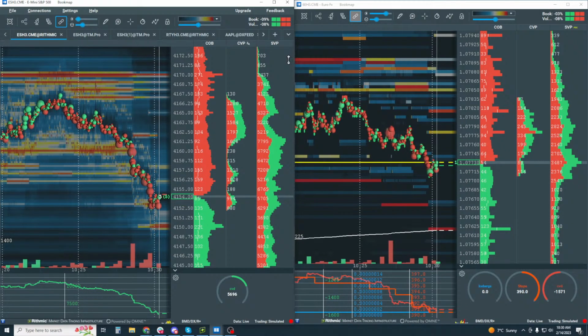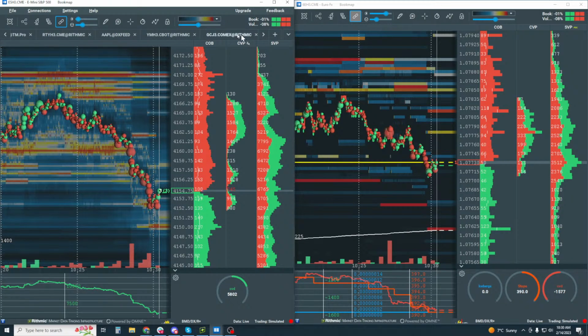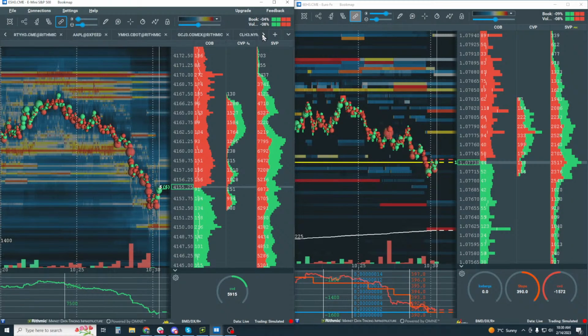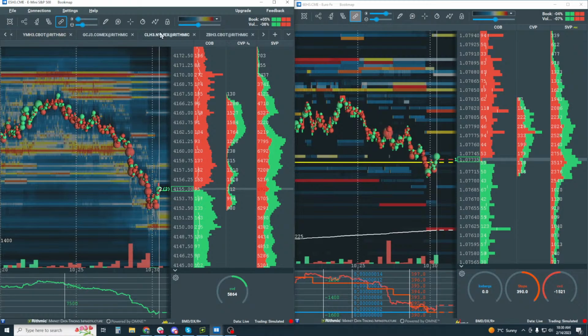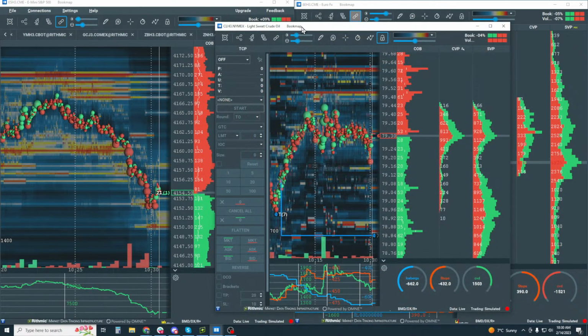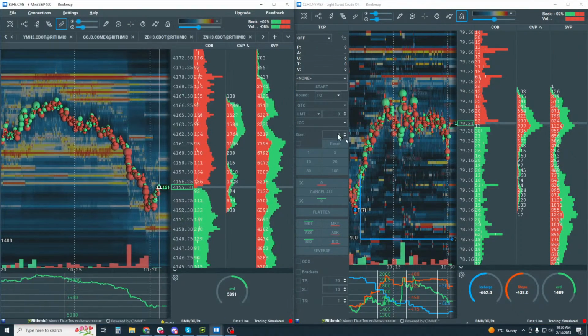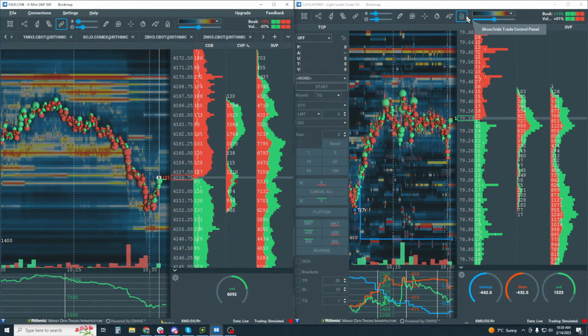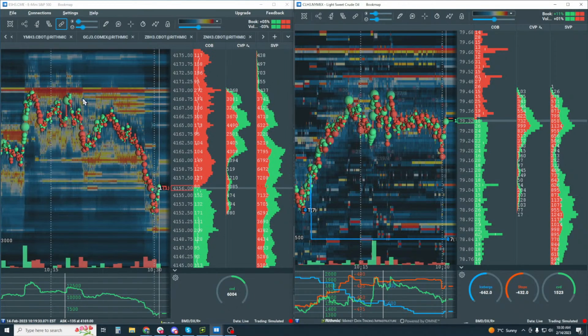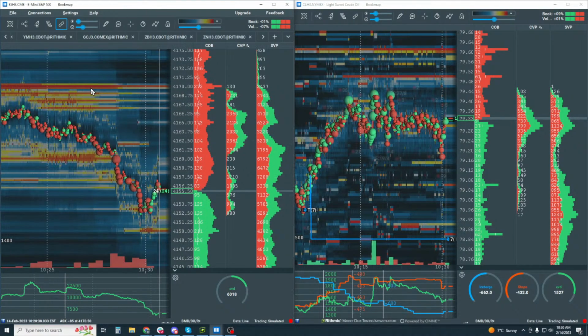All right, but let's take a look at crude now too. I have it up. Okay, and let's put it over here and look at the ES. Now let's correlate these charts.